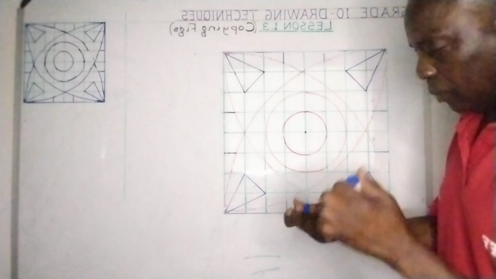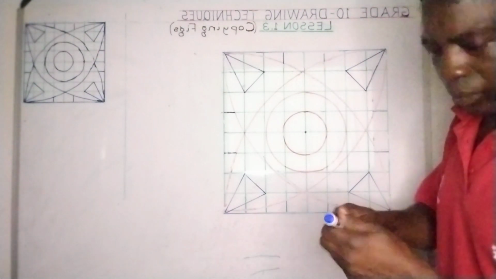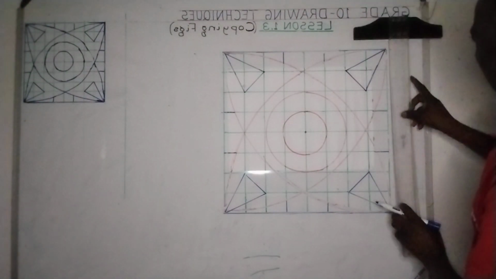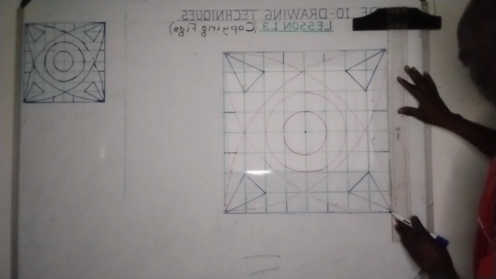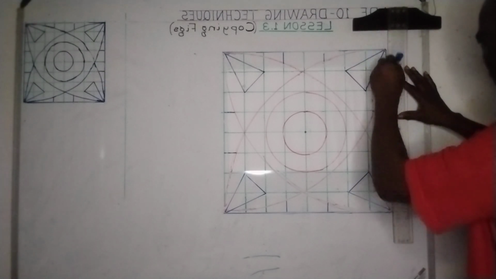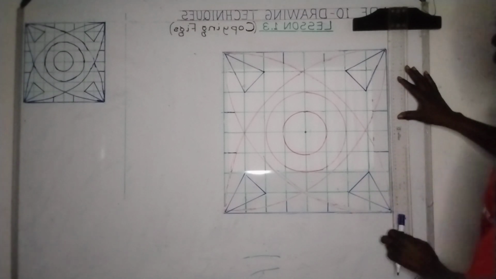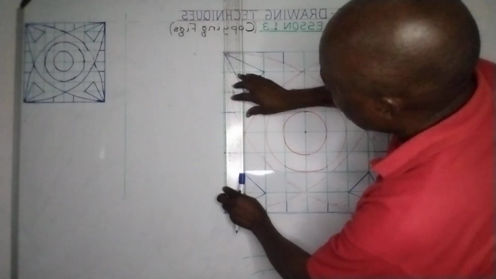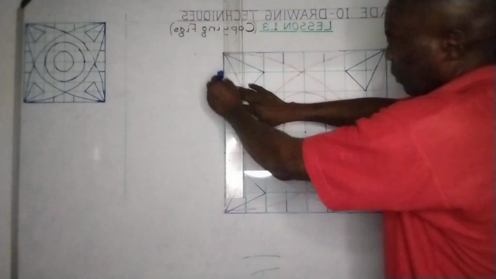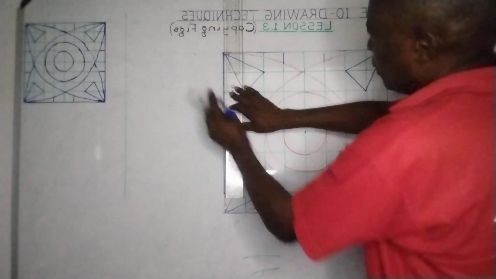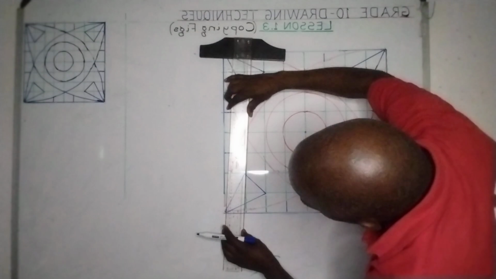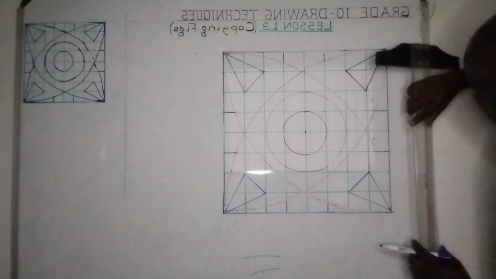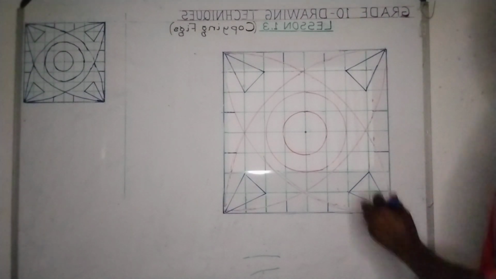And then vertically, right. Like I said, I have to go over the arcs and circles freehand so that it comes out in blue.